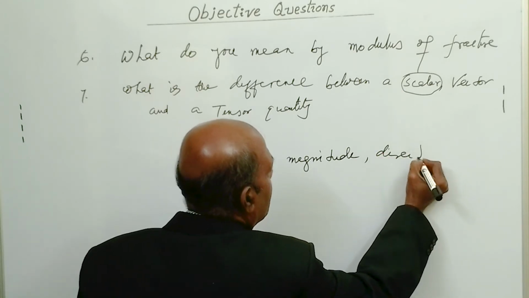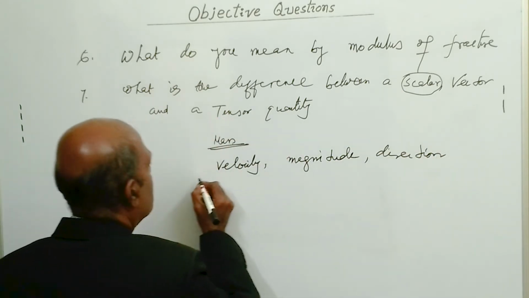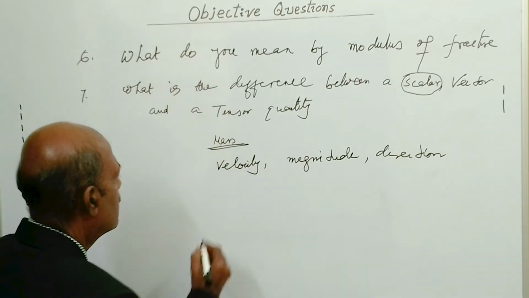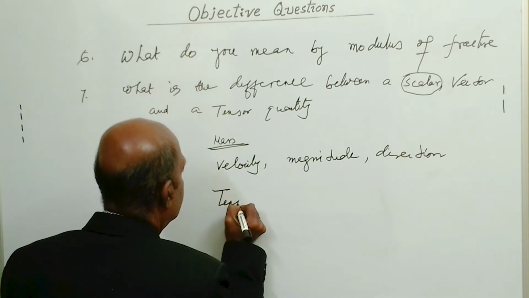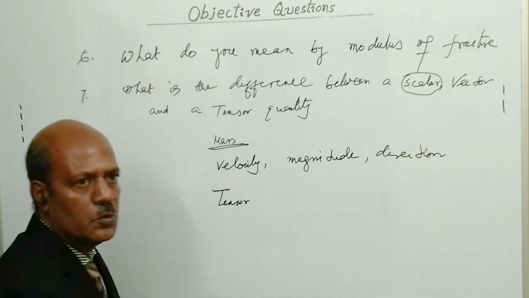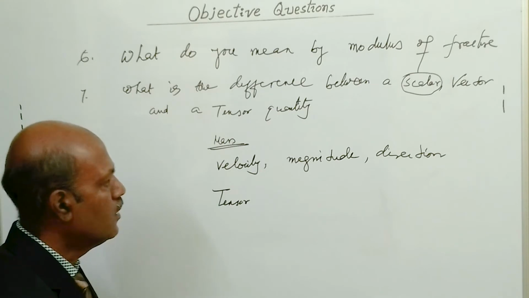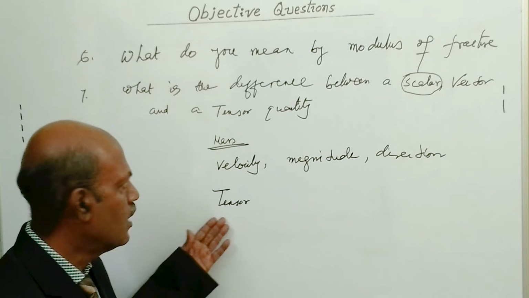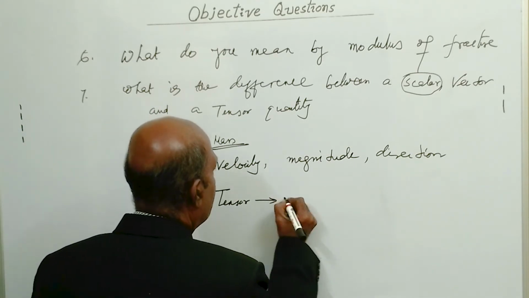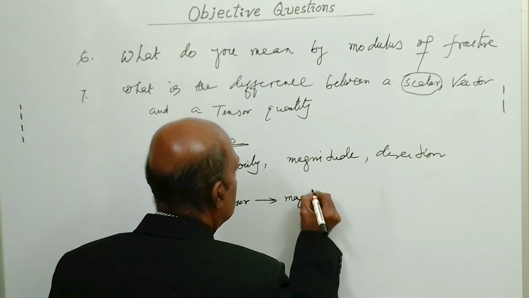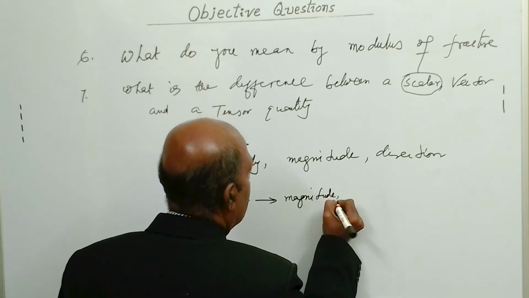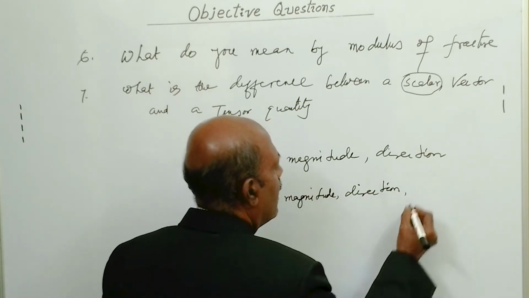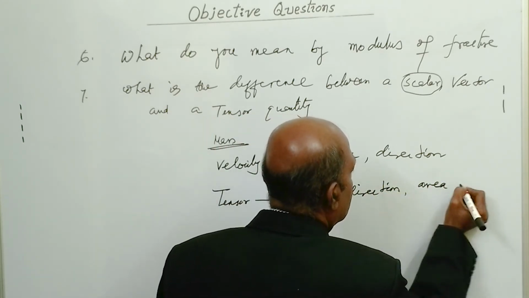Both the parameters are required to define this vector quantity, and the third quantity is called tensor quantity. In tensor quantity, more than two parameters are required to define this tensor. Like vector, it requires magnitude, direction, as well as the area of application.